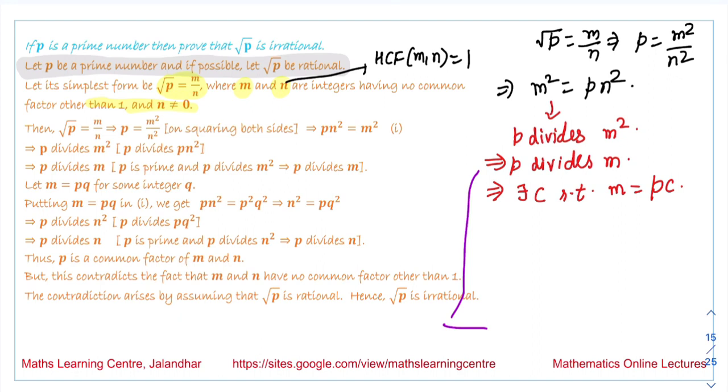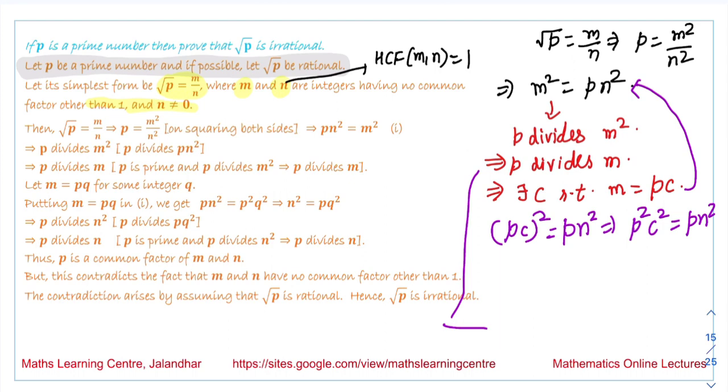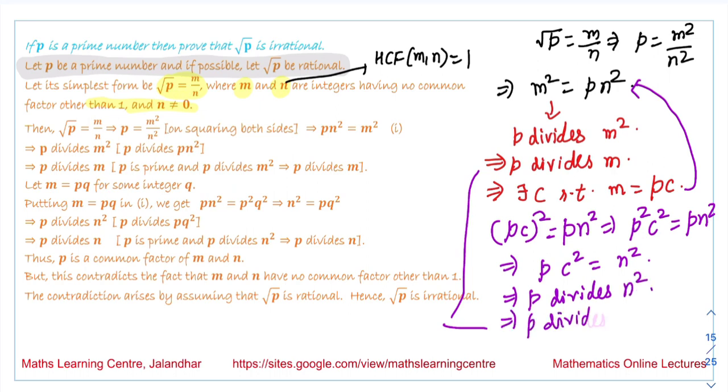Now if we substitute this value in this equation, we get P C square is equal to P N square. It means P square C square is equal to P N square. So this means P C square is equal to N square. So this implies that P divides N square, and this implies that P divides N. So we are having two results over here.